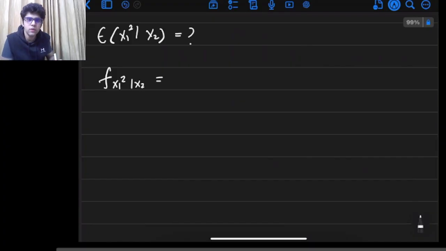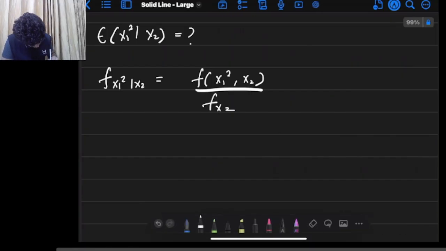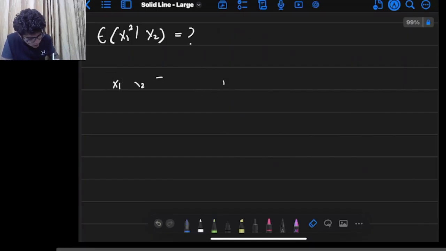And what does this mean? We need to compute f of x1 square comma x2 divided by f of x2. This is wrong. Why? Because the formula never changes. Let me explain. The expected value of x1 square conditional on x2, what will be the formula?